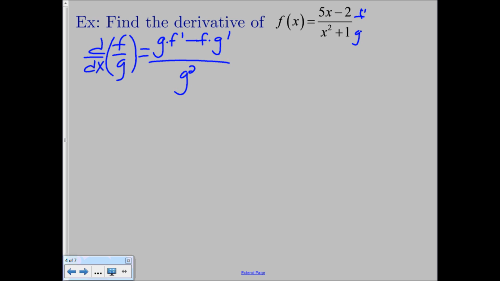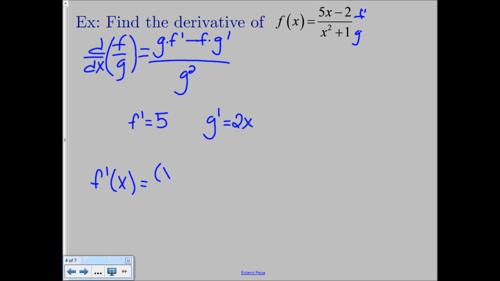Okay, so finding little f prime for our formula, we're going to take the derivative of 5x minus 2, which is just going to be 5. Finding g prime, the derivative of our denominator, is just going to be 2x, using our power rule on both of them. Okay, so now we're ready to plug into our formula. So we're going to find that the derivative is going to be equal to g times f prime.